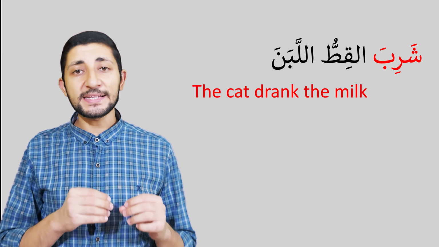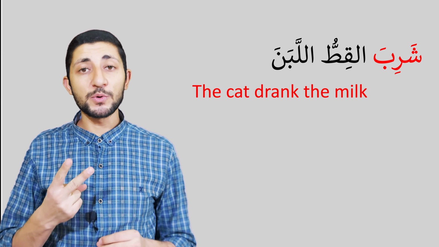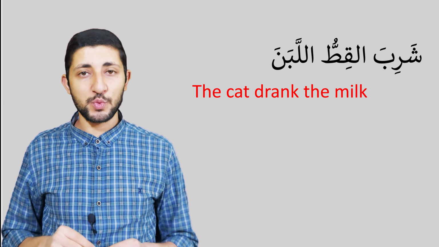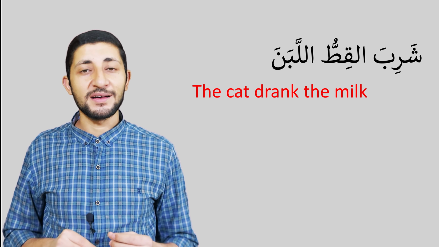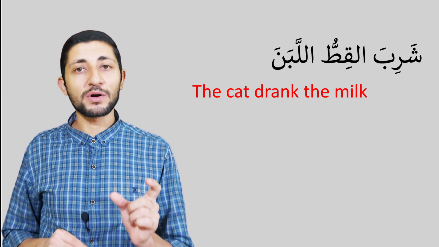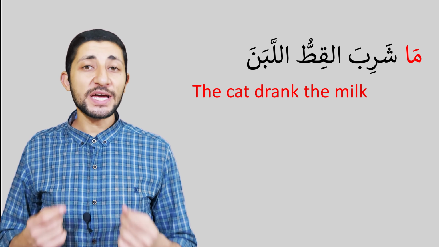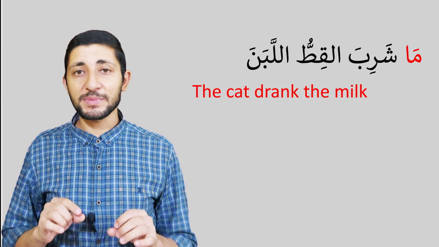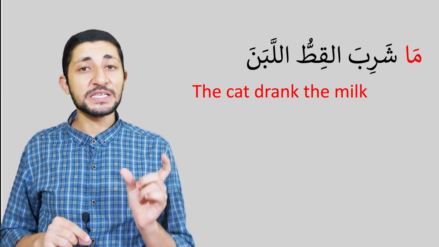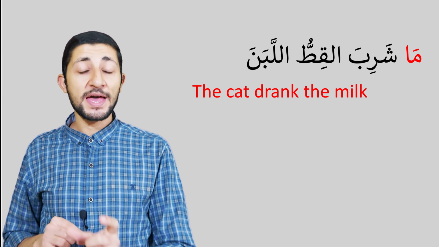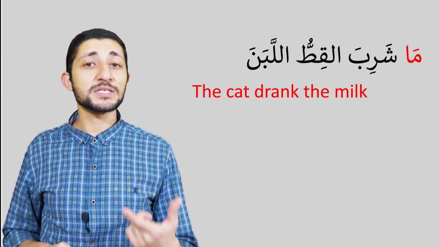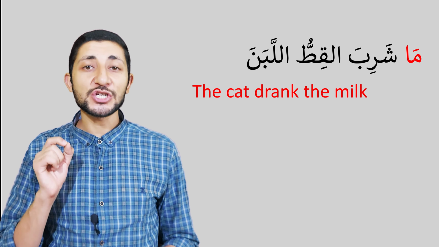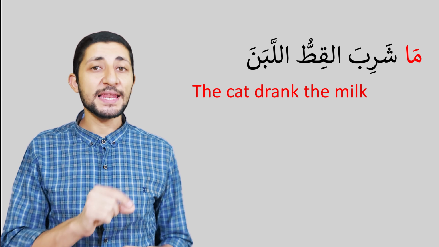Now I want to negate this sentence using both لم and ما. I will start with the simplest one, ما. I will only add it before the verb. ما شرب القط اللبن. I will never change anything because, as we said, ما is used with past verbs. And the verb we have in this sentence is already in past. شرب, okay? ما شرب القط اللبن.